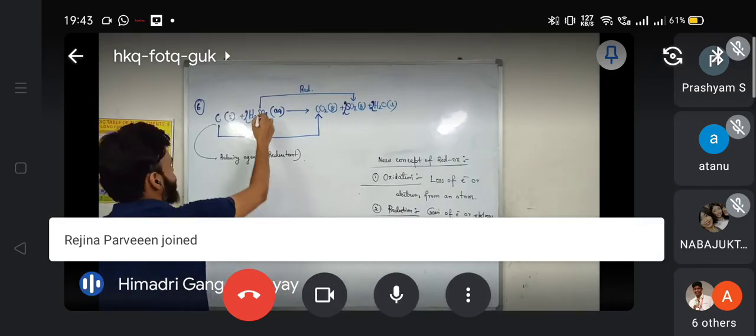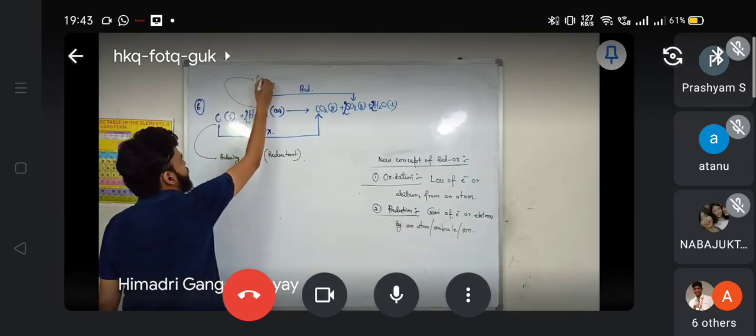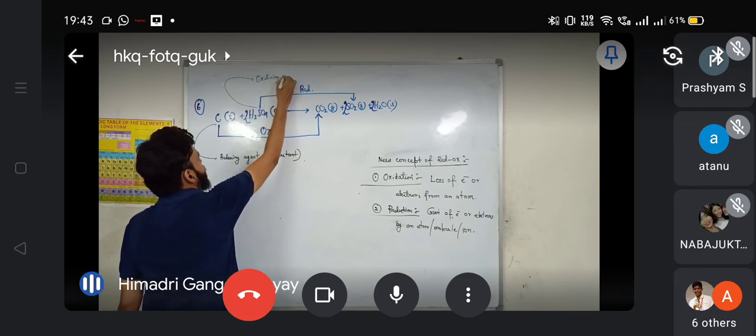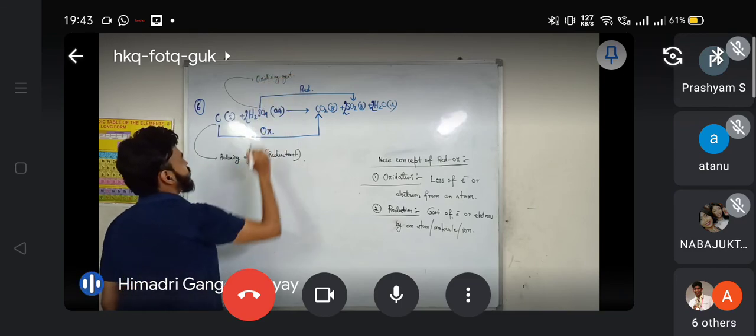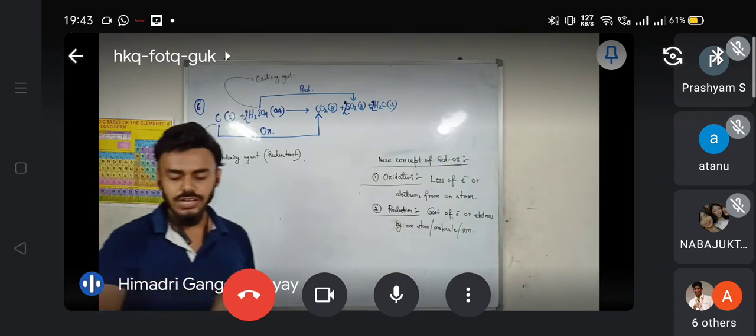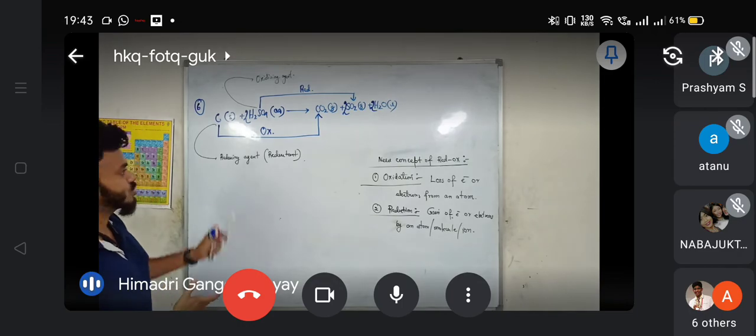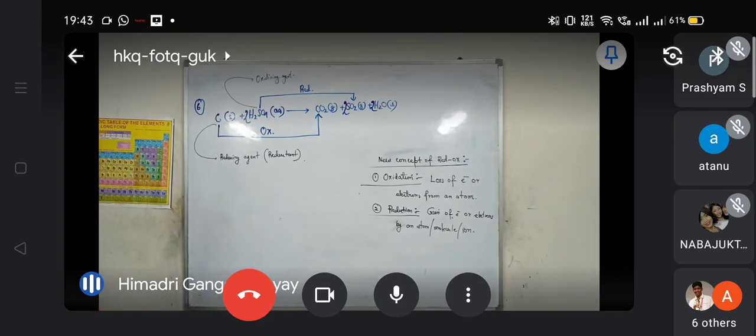So here the oxidizing agent will be sulfuric acid. Sulfuric acid is a very good oxidizing agent, and in any reaction you can blindly call sulfuric acid an oxidizing agent.